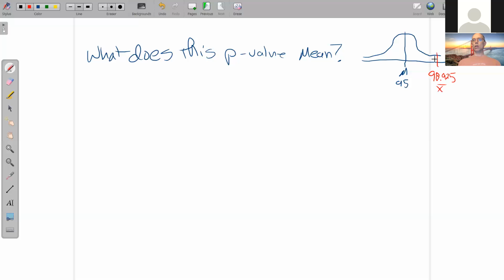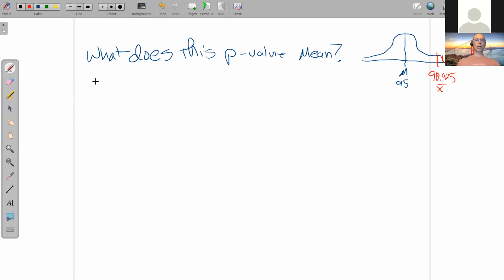So that was X bar. And the p-value is related to finding other samples that are more extreme than the one we found. And we found that to be 1.7%. So there's a 1.7% chance of finding another sample with a mean higher than 98.925 when we were expecting the mean to be 95. That's what this p-value means.